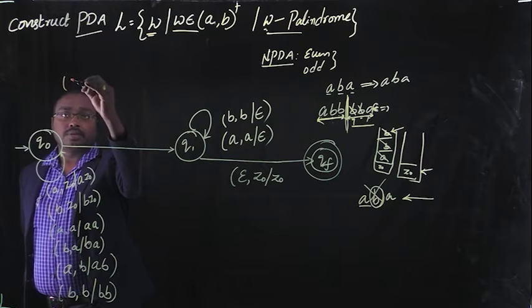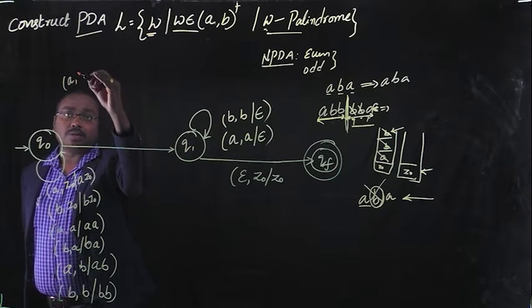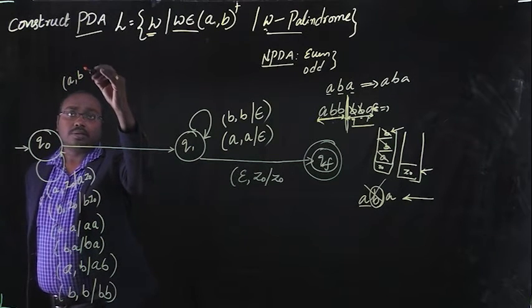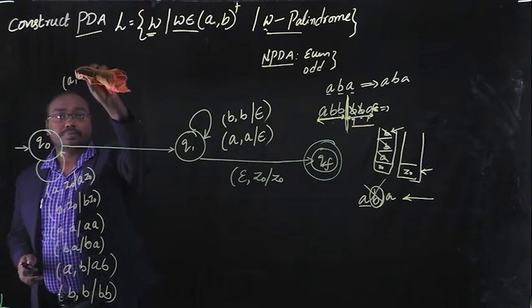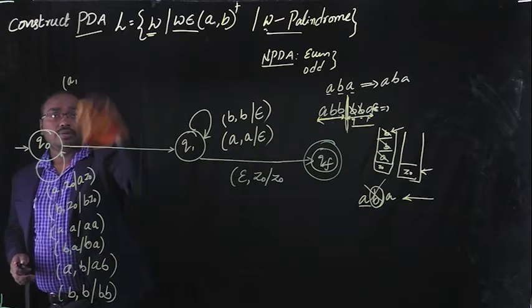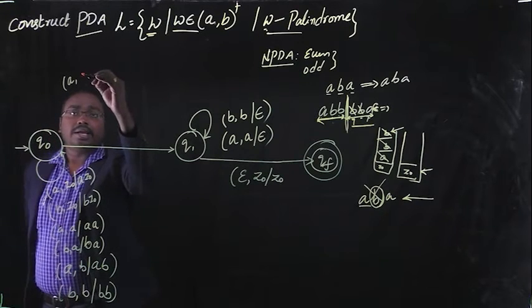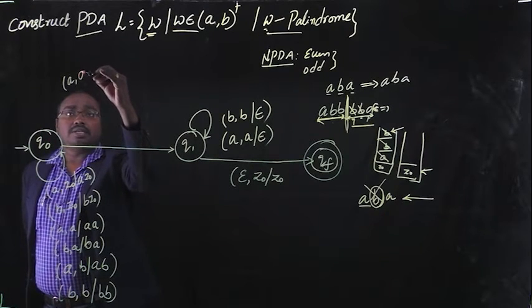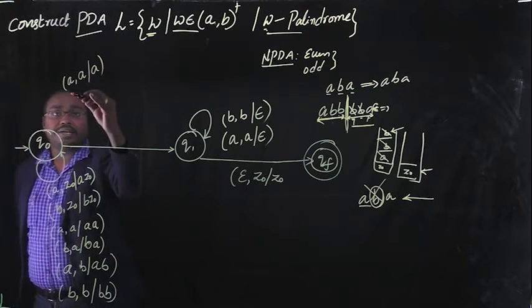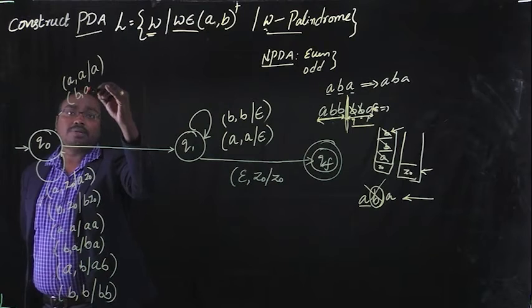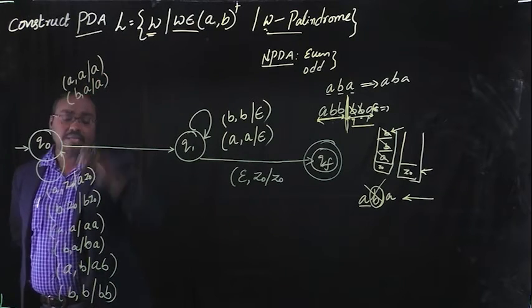If the input symbol is A, top of the stack is B. If the input symbol is A and the top of the element is also A, then leave that element as it is. And if the input symbol is B and the top of the element is A, leave that element as it is.